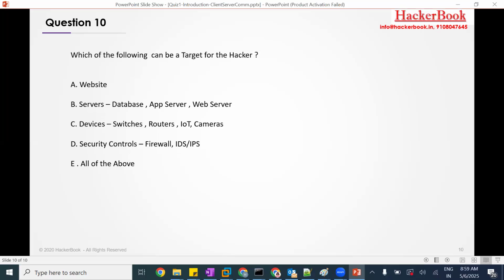Which of the following can be a target for a hacker? Websites, servers, devices, security controls, or all of the above?